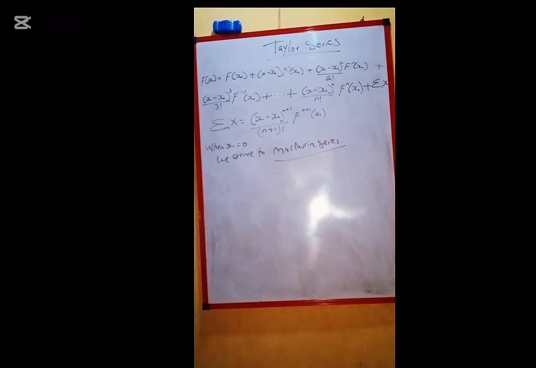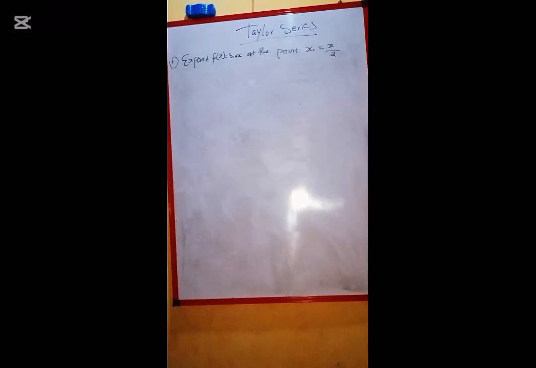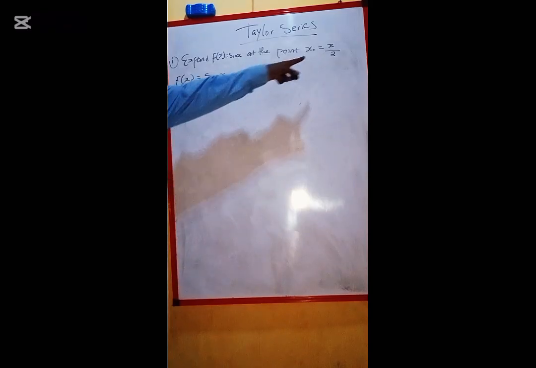So let's solve some questions. This question: expand f of x equals sin x at the point x naught equals pi over 2. So f of x equals sin x, and we put x equal to pi over 2.